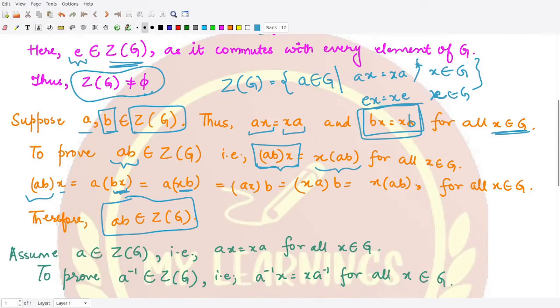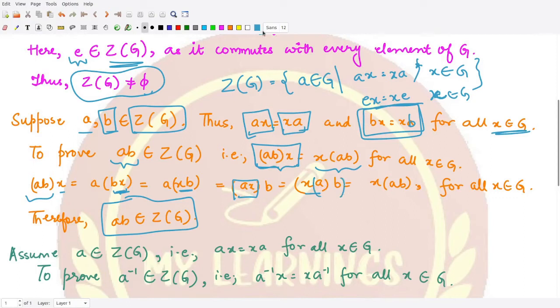Again, we can shift the brackets according to associativity. Now AX is equal to XA according to the assumption we made about the elements A and B, so it is equal to (XA)B. Again, we may use associativity to move the brackets, so we put brackets over here.